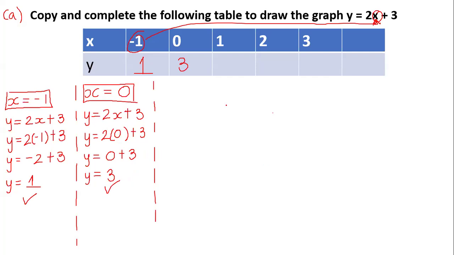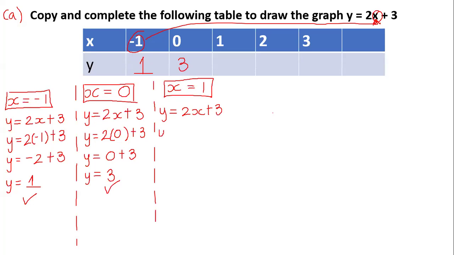Okay, next. We have x is equal to 1. What y'all have for x is equal to 1? I have 5. Okay, so y is equal to 2x plus 3.